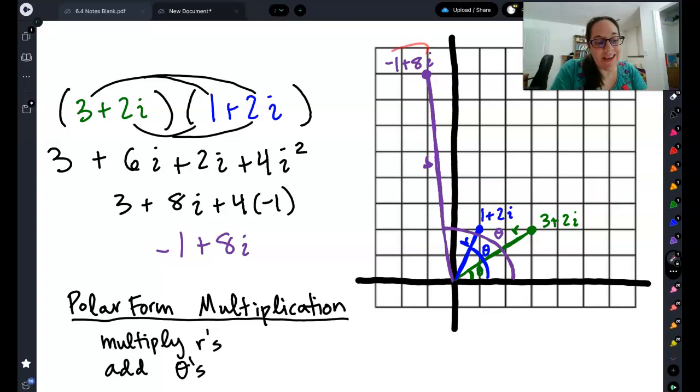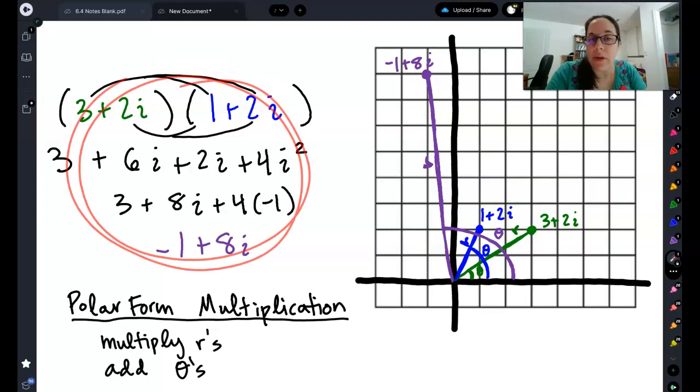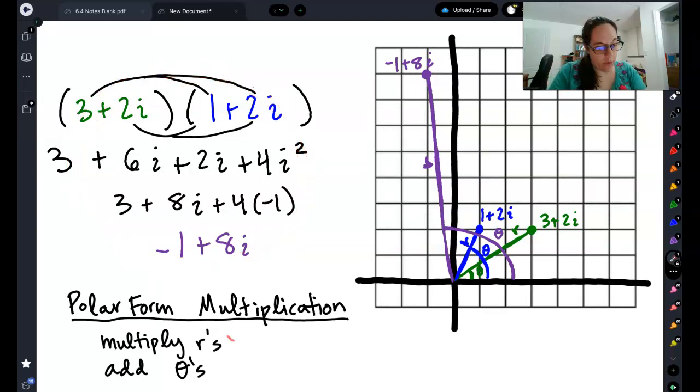And that would give us the exact same answer as if we had just FOILed them, multiplied them in the first place. So we're seeing that we could either multiply them this way, like we learned in algebra, or we could turn them into polar form, multiply the r's, add the thetas, and get the exact same answer.